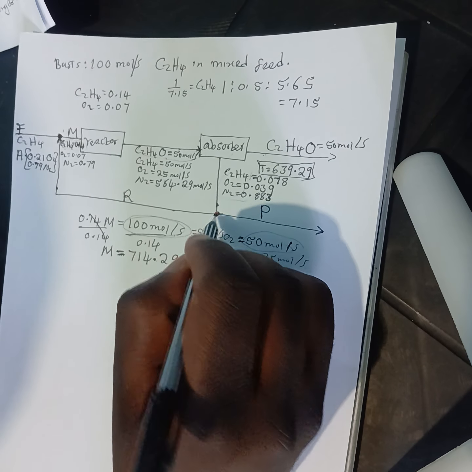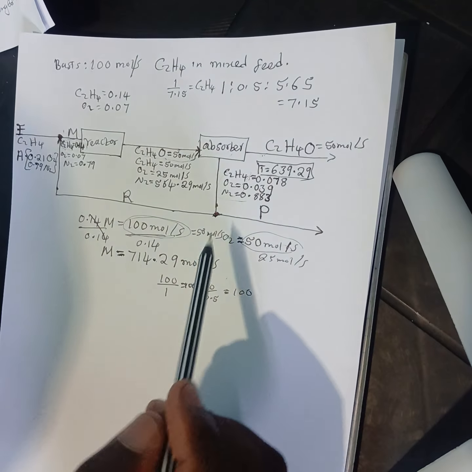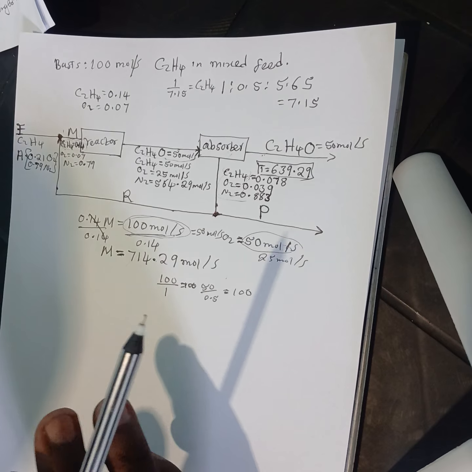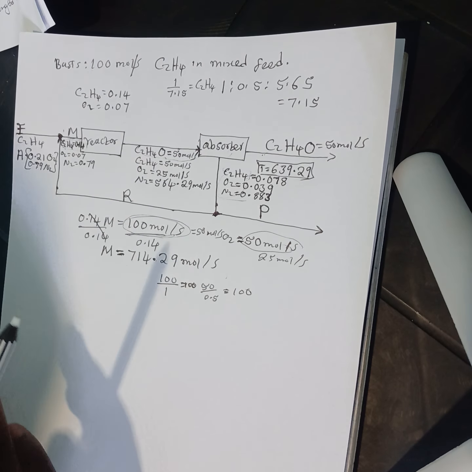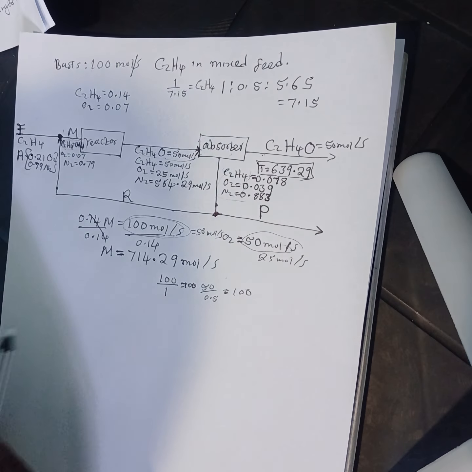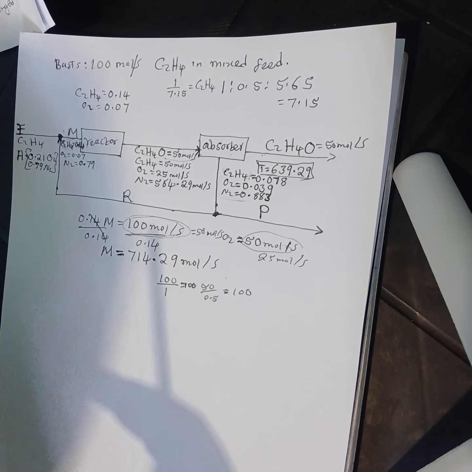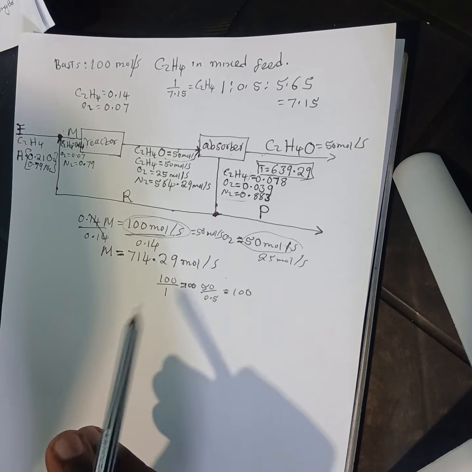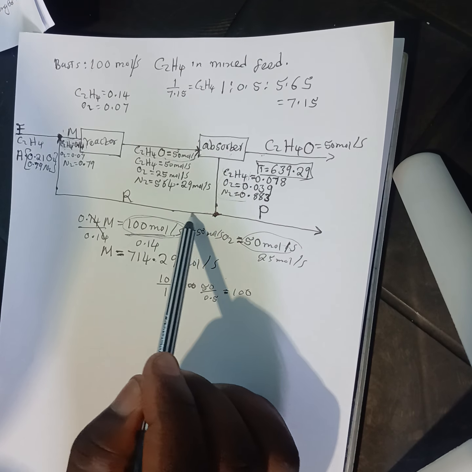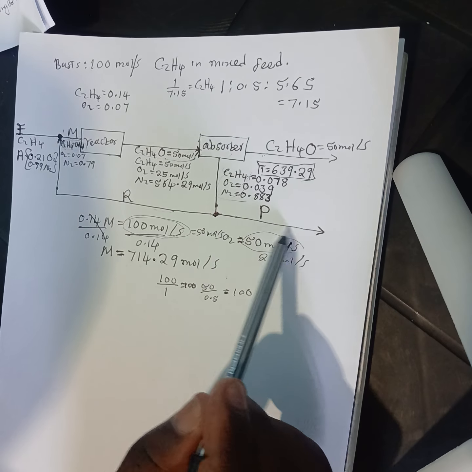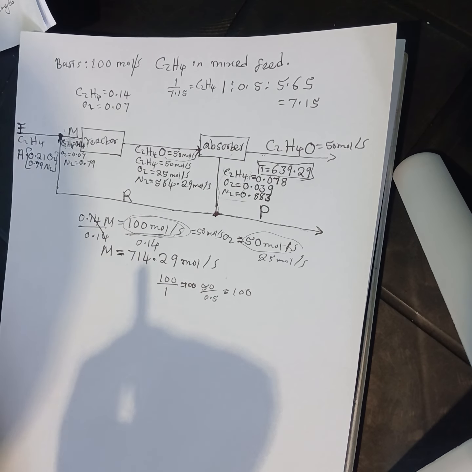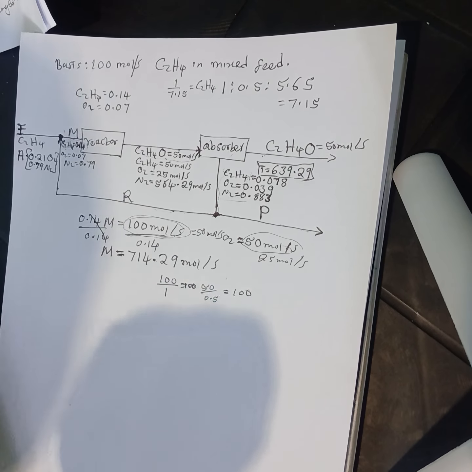So at this point, when this stream is being split, the composition isn't changing. That must be understood. The composition won't change, but the amounts will change, because the amounts will have to add the amount that goes through this stream plus what goes through this stream to give us what is coming into the splitter. But the composition doesn't change, it will remain the same.